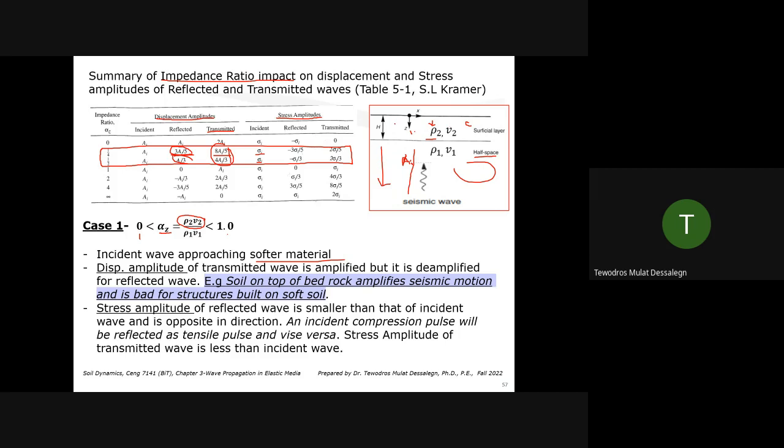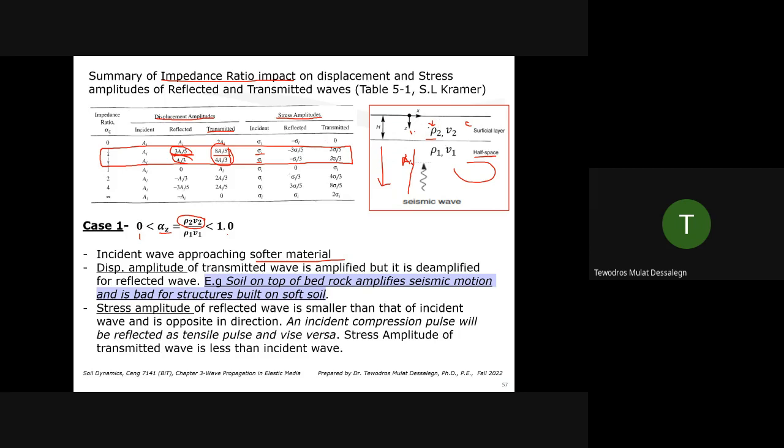A softer soil always amplifies seismic motion if it's underlain by stronger soil or rock. That's the takeaway. Soil on top of bedrock amplifies seismic motion and is bad for structures built on soft soil. If you have a softer soil underlain by a stronger soil or even rock, expect amplification.